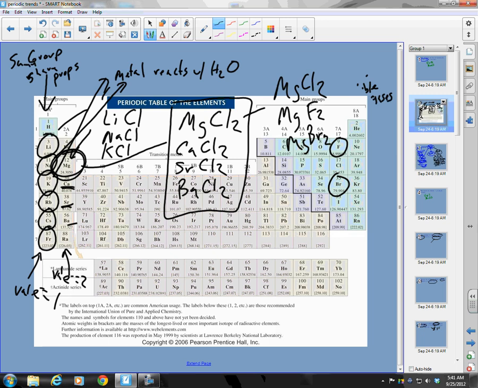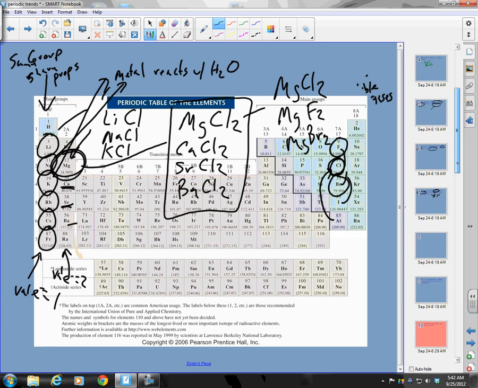Bromides, we call them here. That is correct. Fluorine and bromine and iodine and astatine will all act in a similar fashion as chlorine does with magnesium. All right, cool. Boy, that periodic law is a nice thing, isn't it?